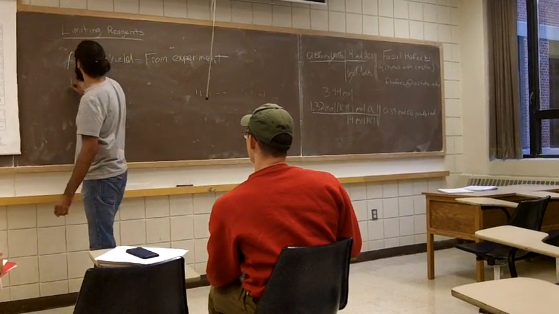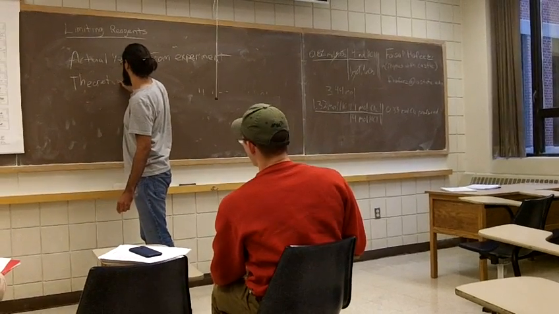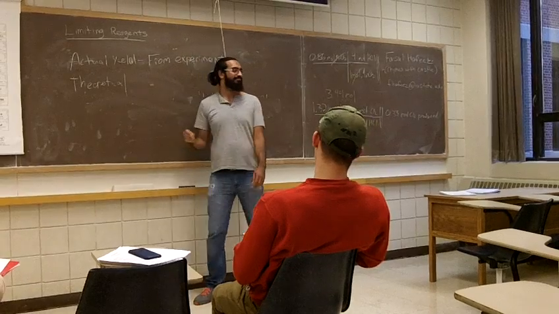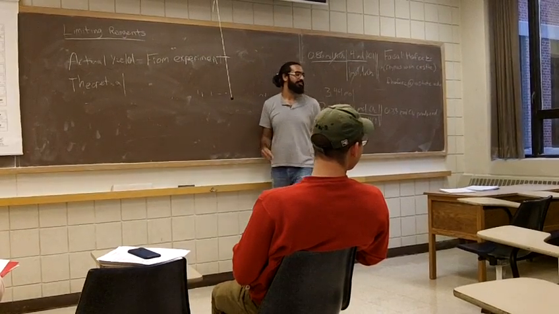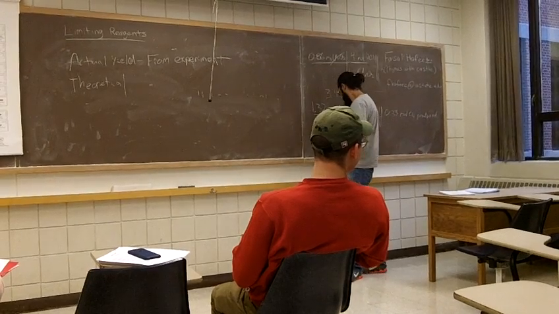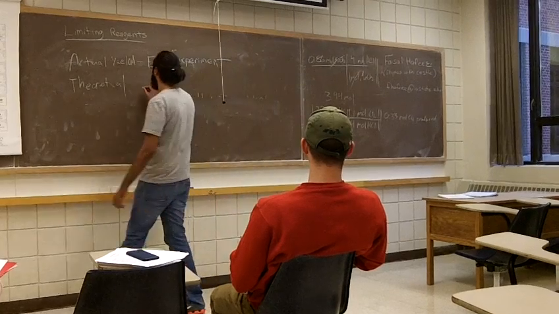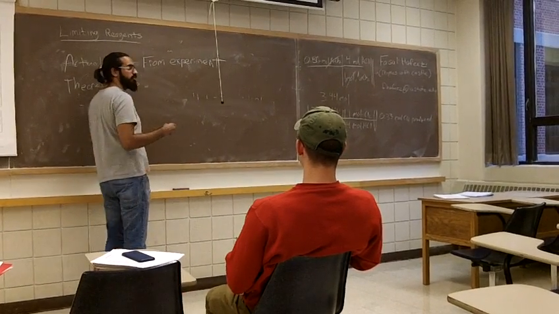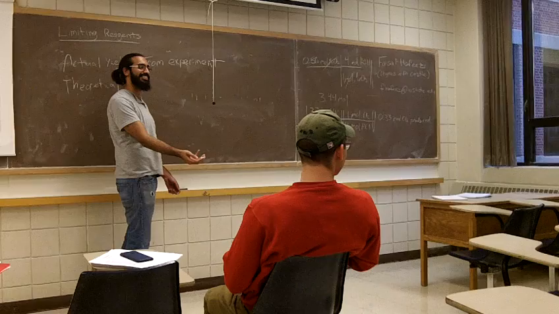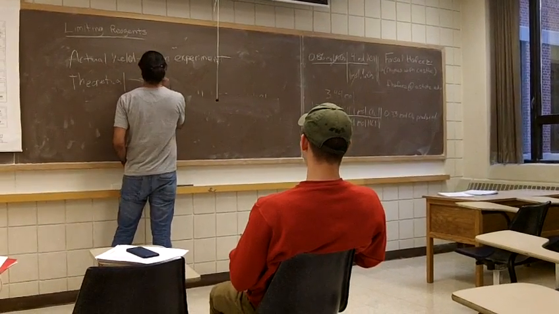And what's the theoretical yield? If you convert all of your moles from one reaction all the way to your product, you have an equal amount of moles. So it's what you're calculating, is what you're saying. Exactly.